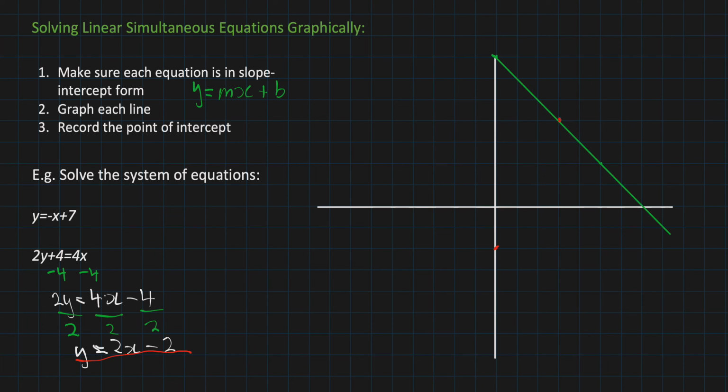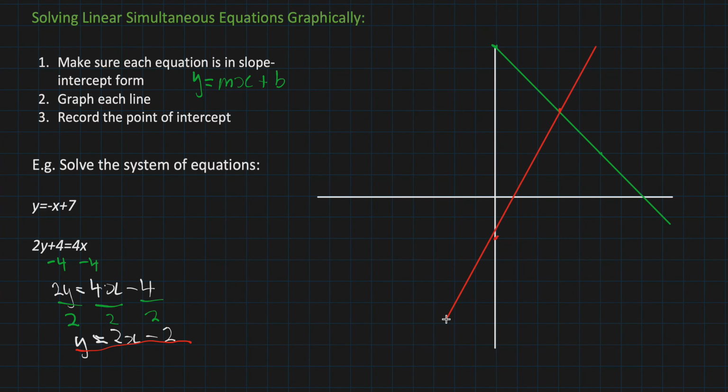Oh, that's going to be our point of intercept. So when we draw our line, we can go through those points. I'm just going to have to fix that up a little bit to make sure it goes through our actual intercept there. And we end up with a point of intercept between those 2 lines, right here.